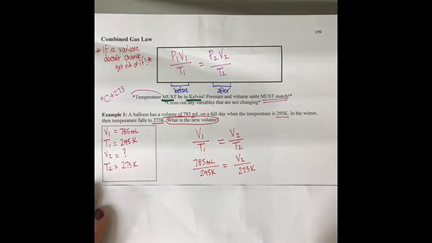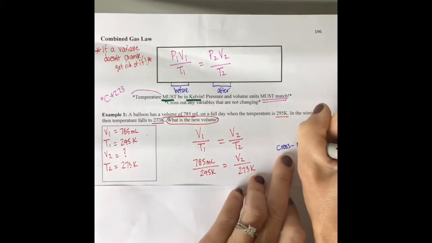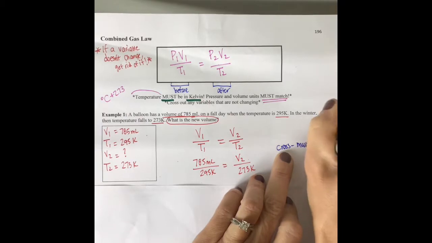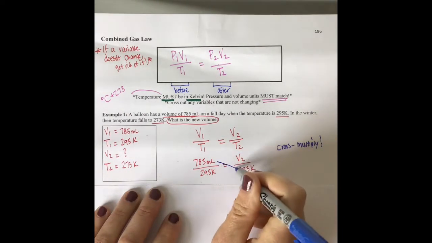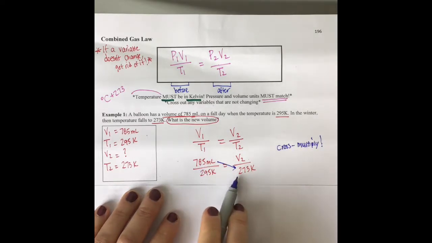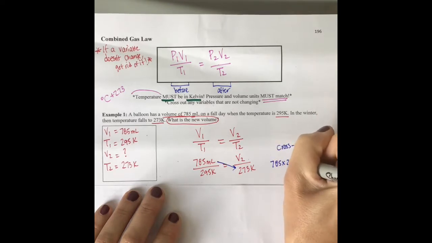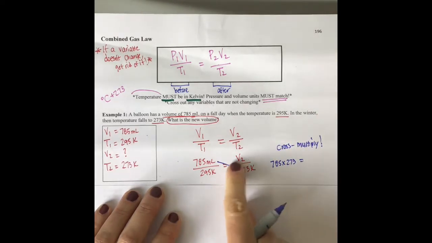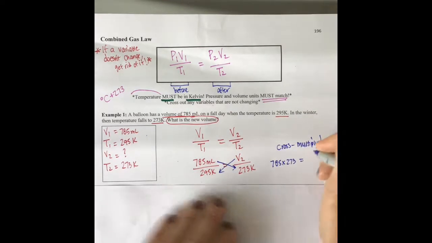I like to use cross multiplication. Okay, so what that means is you're going to be multiplying 785 times 273, and you're going to set that equal to this other side, V2 times 295.